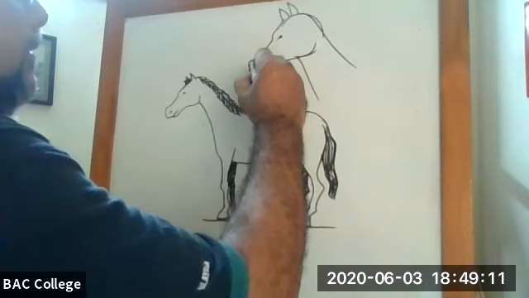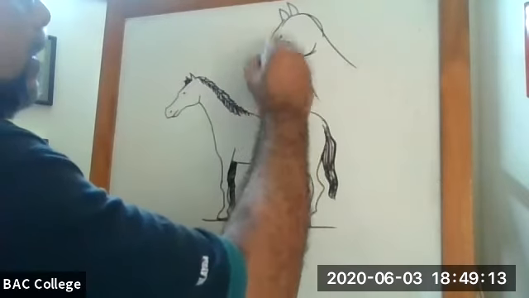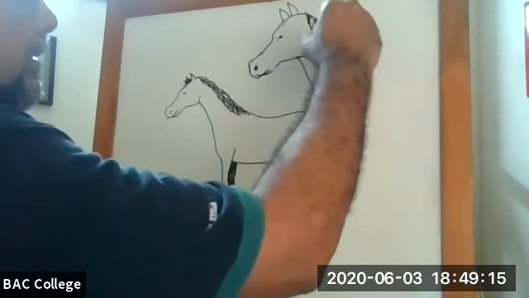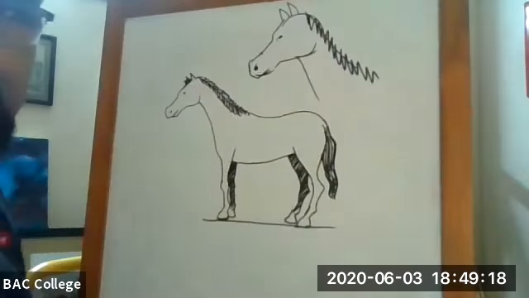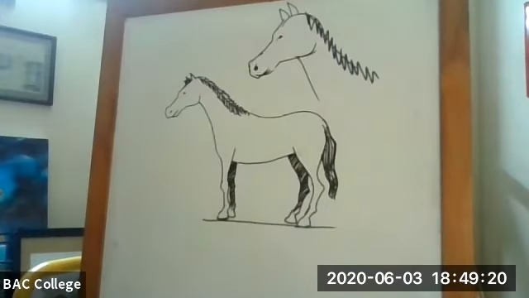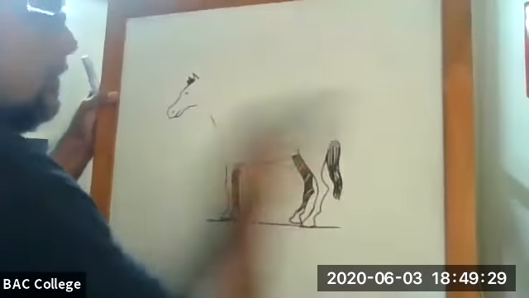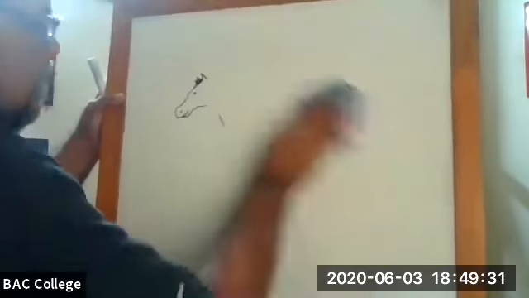Right? And then the ear and the nose, and then the hair. Okay? So the two circles will help, but you must rub it off at the end of the day. So that is as far as your horse is concerned.